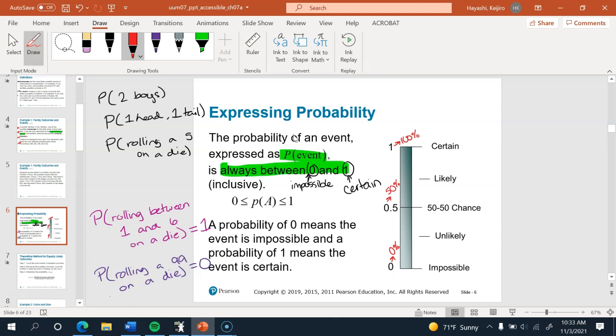The closer a probability is to 1, the more likely it is to happen. The closer a probability is to 0, the less likely it is to happen. So, something with a low probability is not likely to happen. You have a pretty low probability of winning the lottery, for example. You have a pretty high probability of having to pay taxes every year.